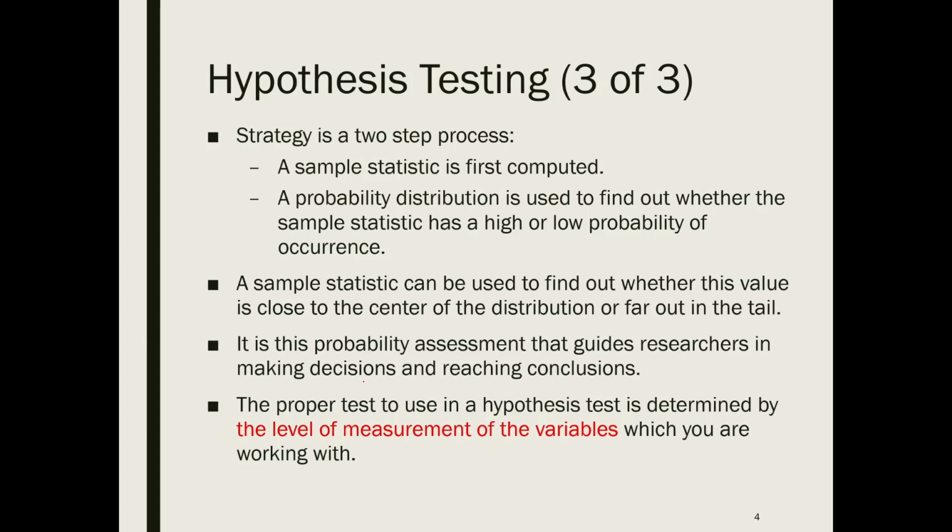The way we decide which hypothesis test to use is really determined by the level of measurement of the variables, the dependent variable and the independent variable. This is also why, when I talked about the level of measurement chapter, I said the level of measurement is so important, because it also decides which hypothesis test you should use.